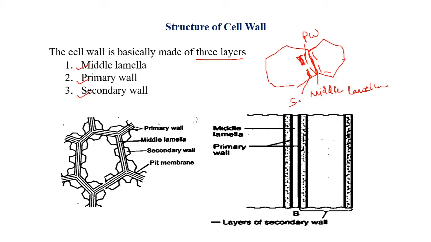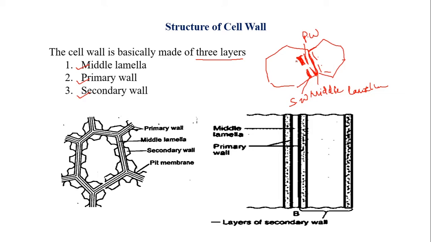This is the secondary wall. Almost all the plant cells have the middle lamella, then primary wall. Secondary wall is seen only in mature cells and those cells which are dead and give mechanical support to the plant body. Otherwise, in most of the cells, the primary wall is seen, secondary wall is not seen.